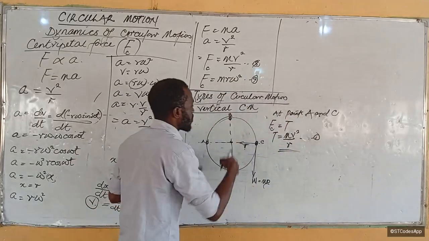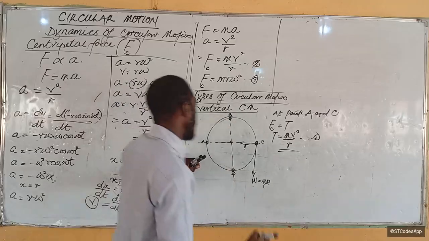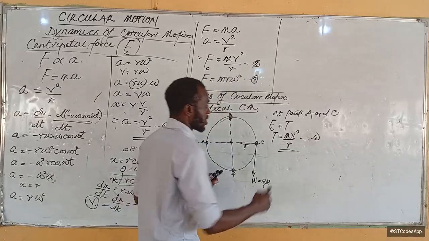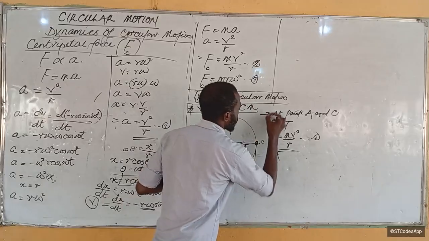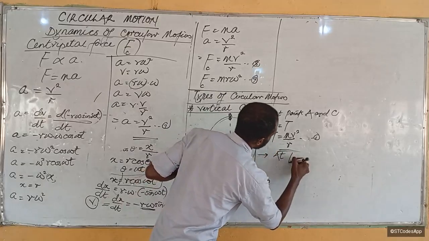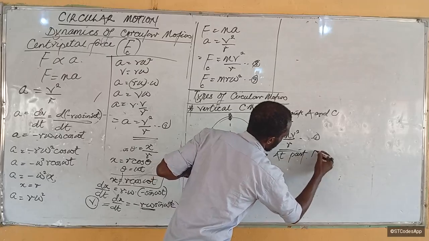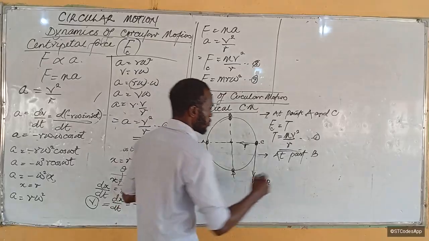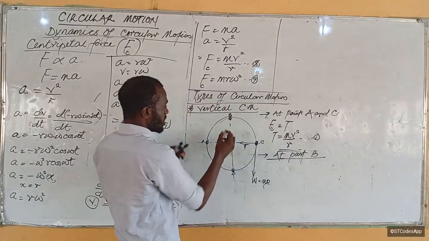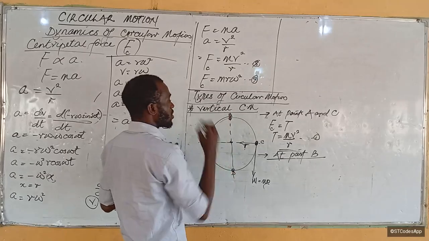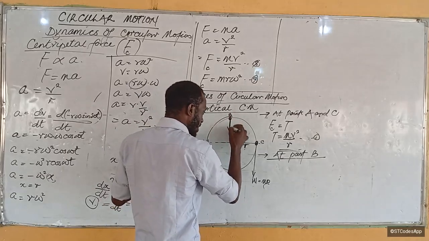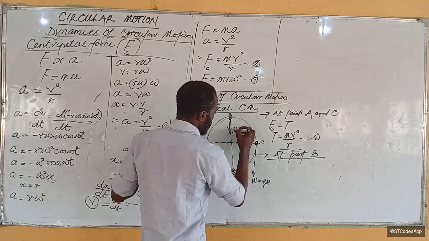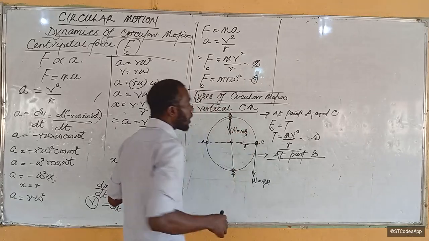Now, how about at point B and D, the dynamics change a little. At point B, let's see what happens. At point B, the rope is up. Now, where will the weight act? Straight down, like I said. Weight is mg. Now, how about the tension?